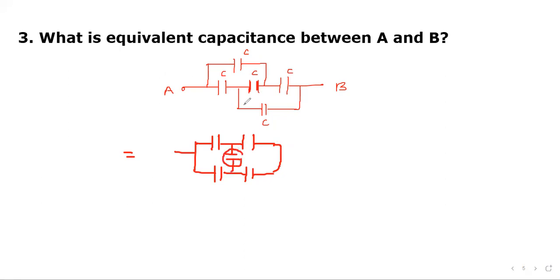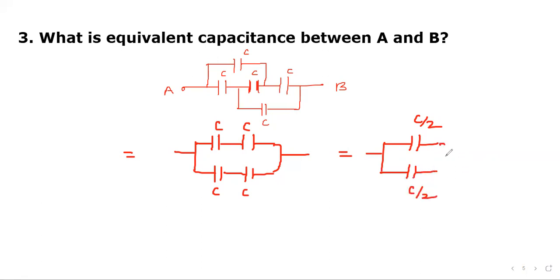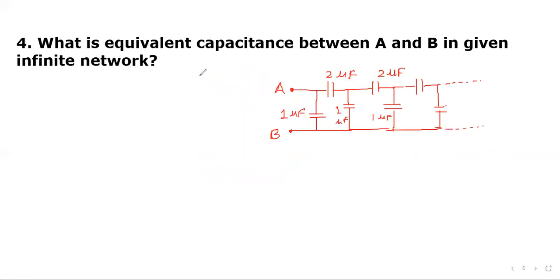This one is removed, so let's not write it. Now, this is C, C, C, C. These two are in series, so equivalently, we can write this will become C by 2. This will also become C by 2. Now, these two capacitances are in parallel, so equivalent capacitance will be C by 2 plus C by 2, that is C. So this is our answer. Now let's go to next question.